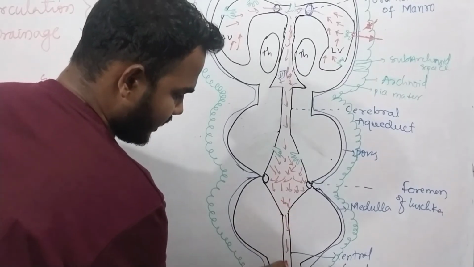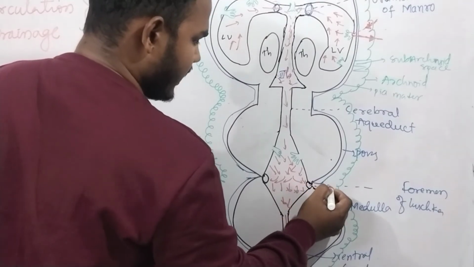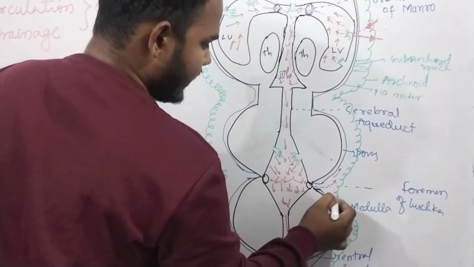Some of the CSF goes to the central canal, down to L2. Most of the CSF is drained into this space, and some goes down, circulates and comes back here.